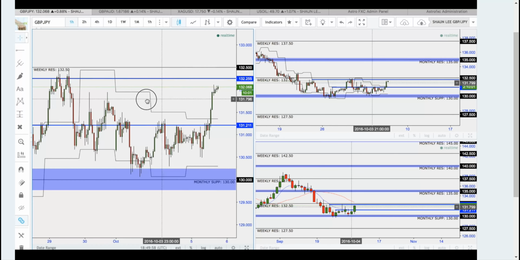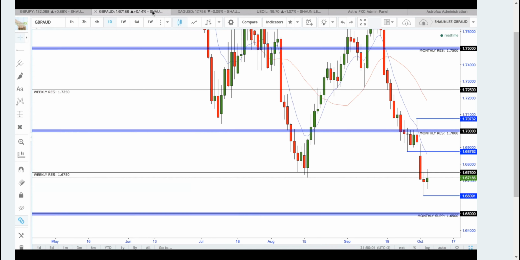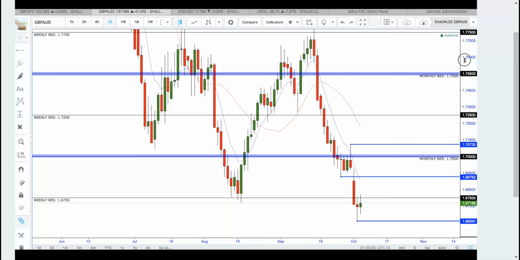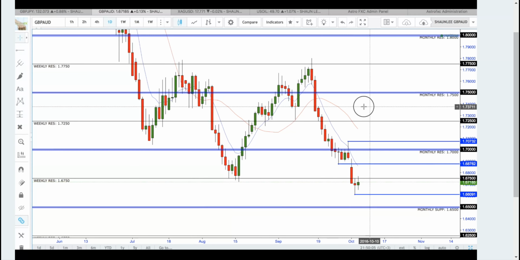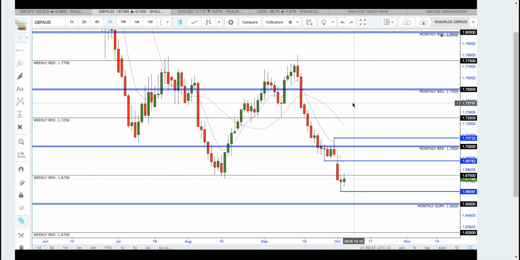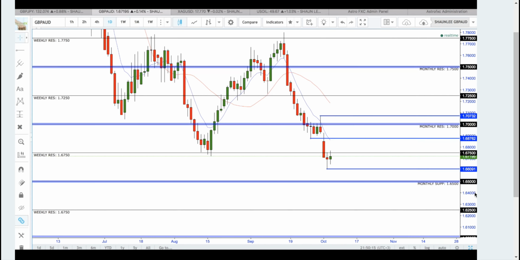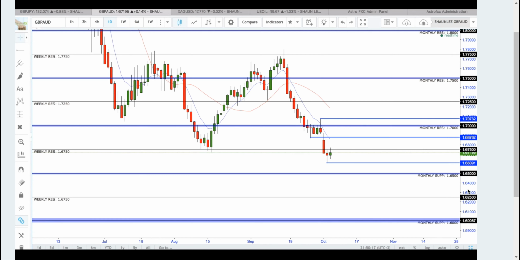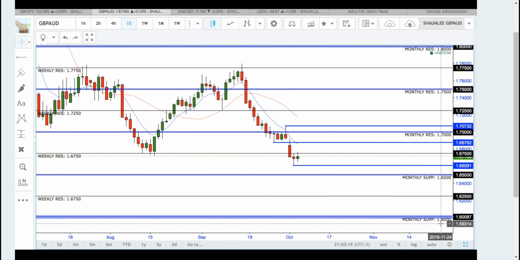Next pair is GBP AUD. This is a very, very fast moving pair, guys. What I've done on here once more, I've worked out all of the levels for this pair in particular, and again, they're 500 pips apart. So we can start with, if I can just zoom in for everybody once more, 1.6. Now this one I haven't done the coordinates for, I just realized.